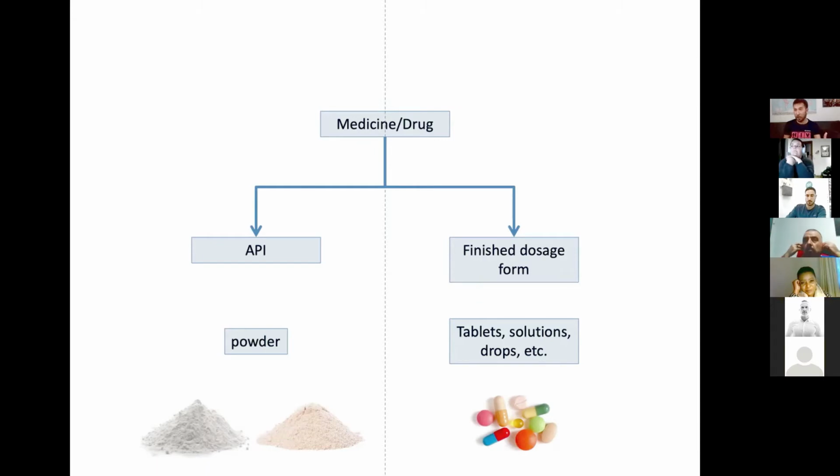If you have contact with the sun or humidity, your active ingredient can degrade with time. So scientists said, okay, we need to cover it, put it in a capsule or a tablet, or for children, it's better to have a solution because they can easily drink it. So this is how API was converted into such a finished dosage form.